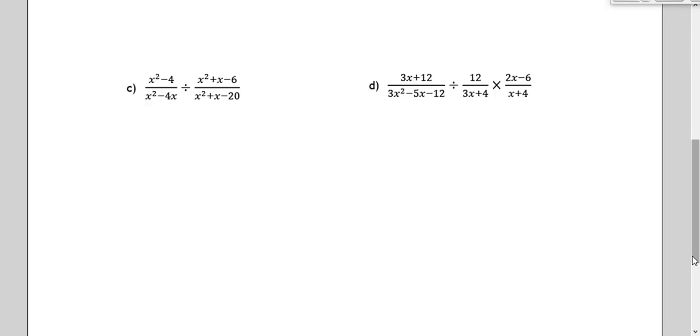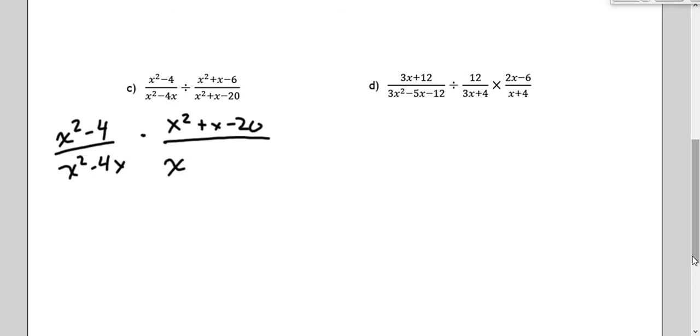Okay, I would recommend flipping first before you factor. So then this becomes x squared minus 4 over x squared minus 4x multiplied by x squared plus x minus 20 over x squared plus x minus 6.